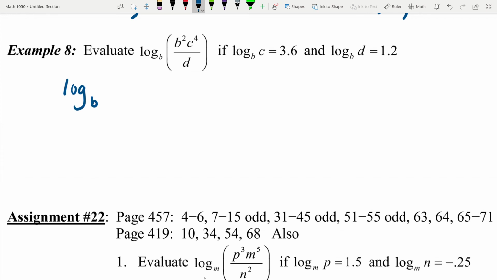Log base B of B squared times 3.6 to the 4th times, or divided by 1.2. Now, I know we haven't done this yet, but that's wrong. Can anybody figure out what I've done and figure out why it's wrong? Because I'm telling you, this is the #1 reason people miss this problem.